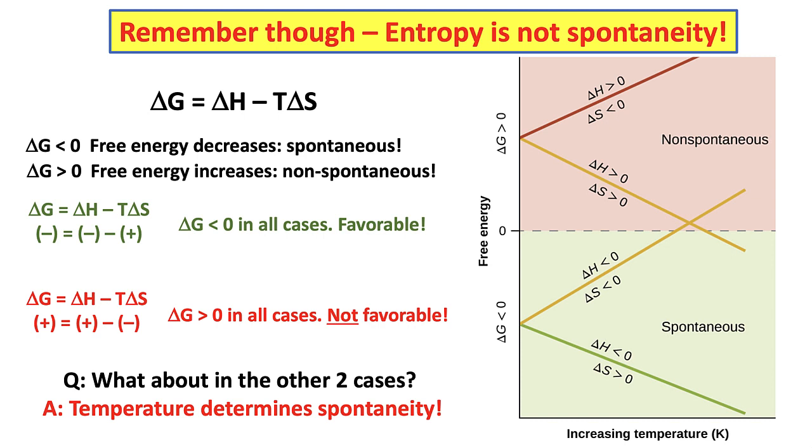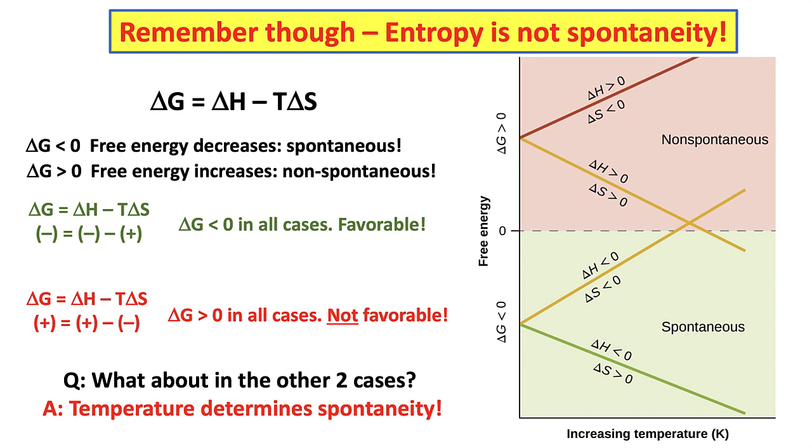So these are only going to be spontaneous at low temperatures. And likewise, if we have a process, this is the upper orange curve, where delta H is greater than 0, so that's endothermic, but delta S is also greater than 0, so that would be disorder increasing and endothermic. Then it's going to start out non-spontaneous, and it's going to become spontaneous.